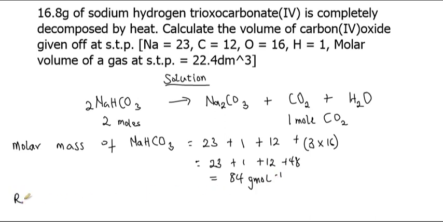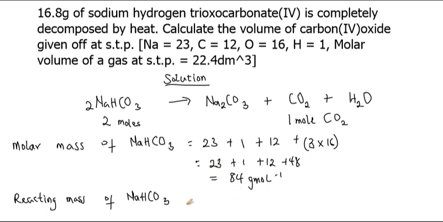Now the reacting mass of NaHCO3. We are doing this so as to have a relationship between the 2 substances involved. To get the reacting mass of NaHCO3, we'll be multiplying the number of moles of NaHCO3 in the balanced chemical equation with the molar mass.